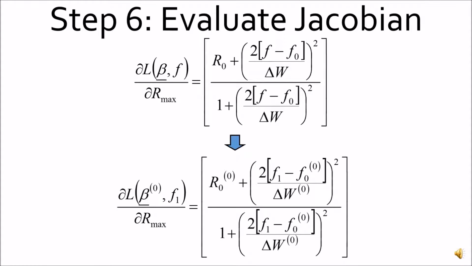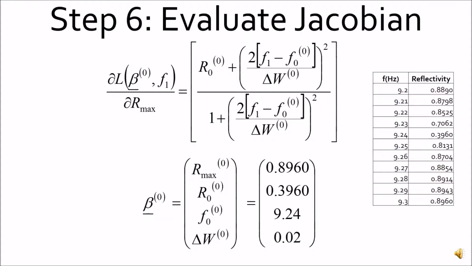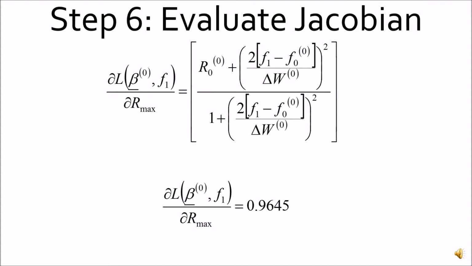I've just put the superscript zeros here to indicate that we're evaluating this at our initial parameters. And because this is our first data point, we evaluate this function with an input frequency of 9.2. Using our initial parameters, we have everything we need to calculate the value of this derivative at this position. Put in these parameters, and this is the value we get.